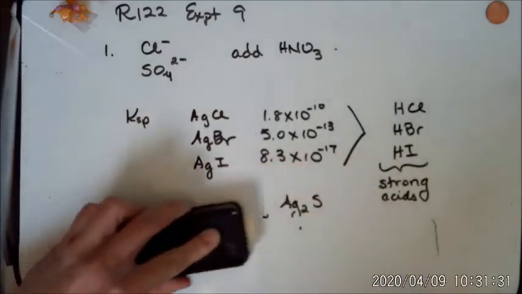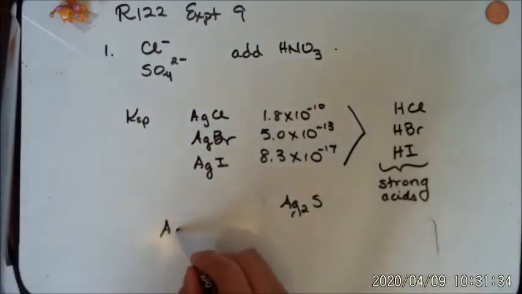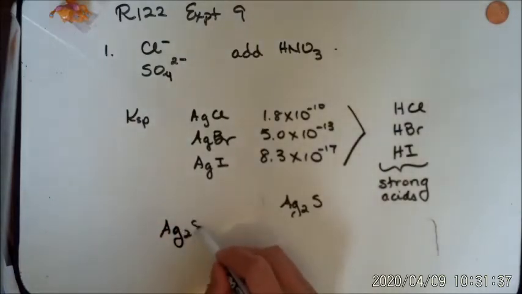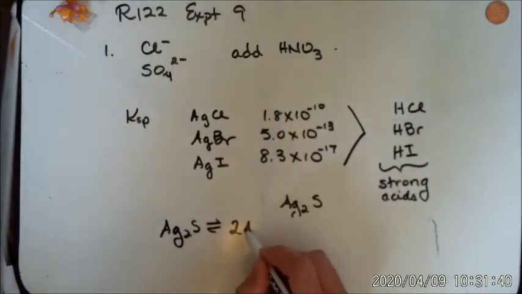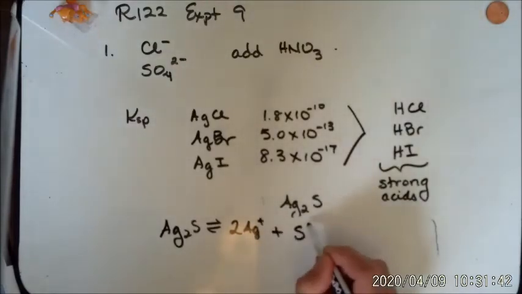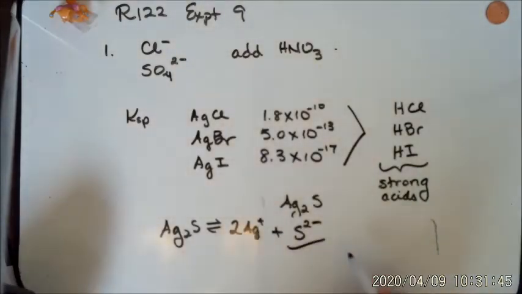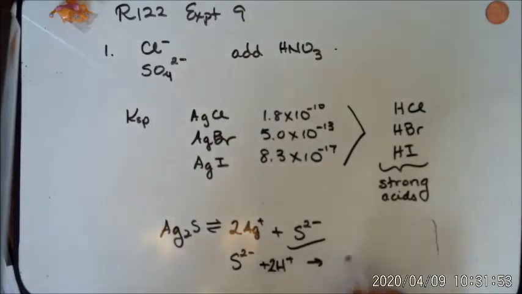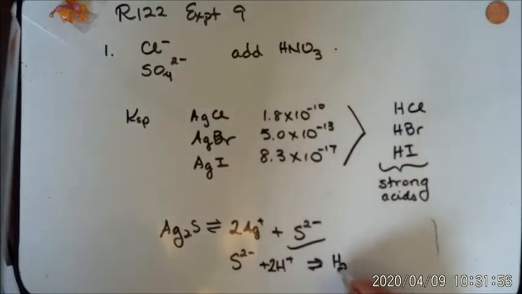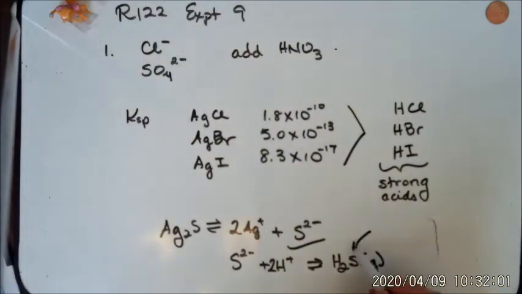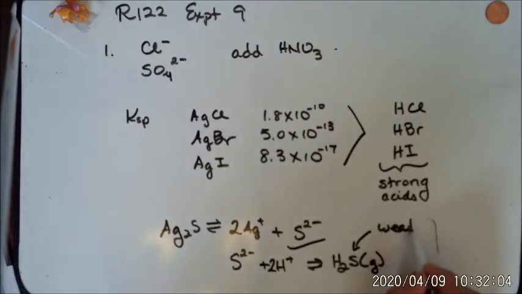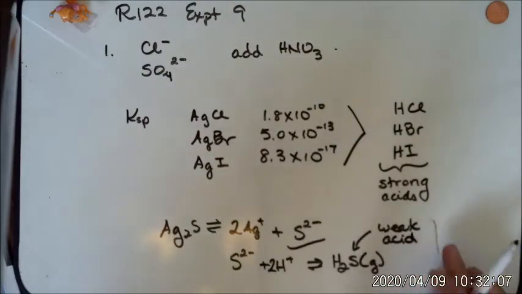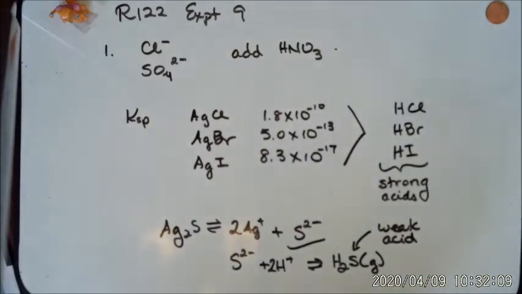Finally, what about something like silver sulfide? Okay, again, my sulfide reacts with acid to form H2S. Okay, so again, it's a weak acid, but very insoluble, and so most of it will come out as a gas.